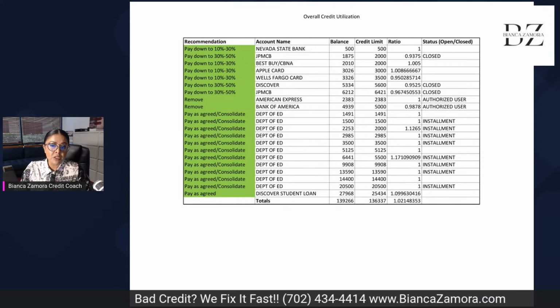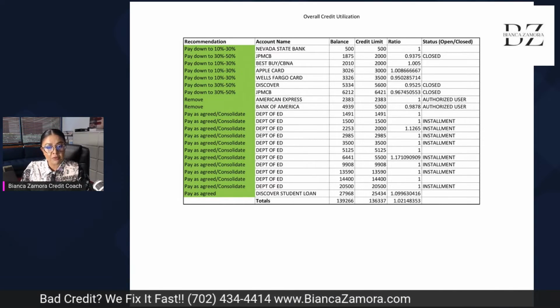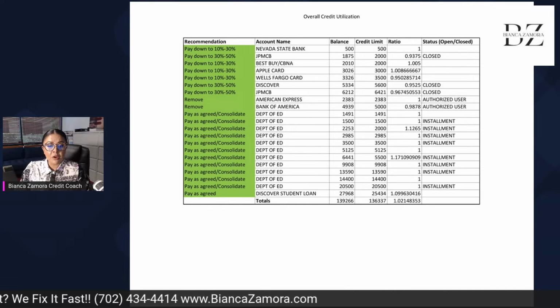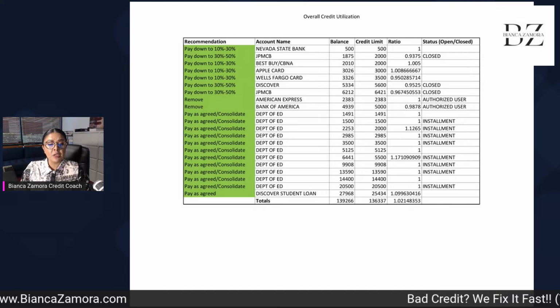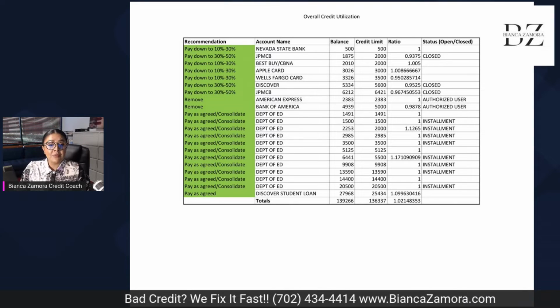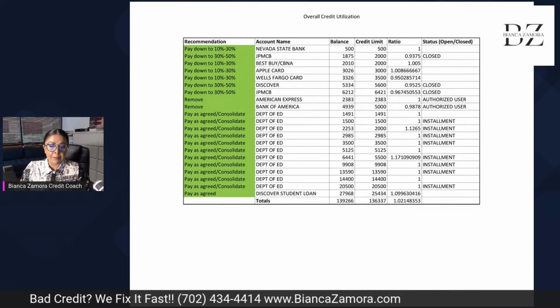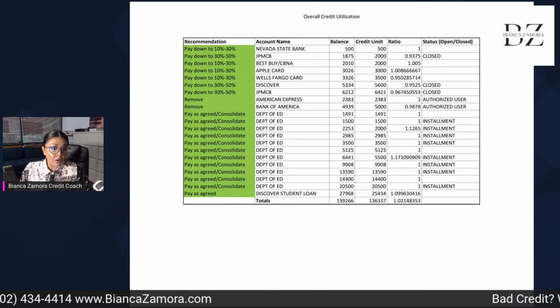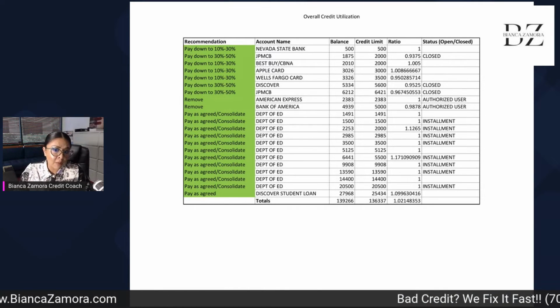So 500, 2,000, 2,000, 2,000, 3,500, and so on, and you're going to bring that down to the bottom. Then you're going to take your balance, the 139,266, and divide that by your credit limit.